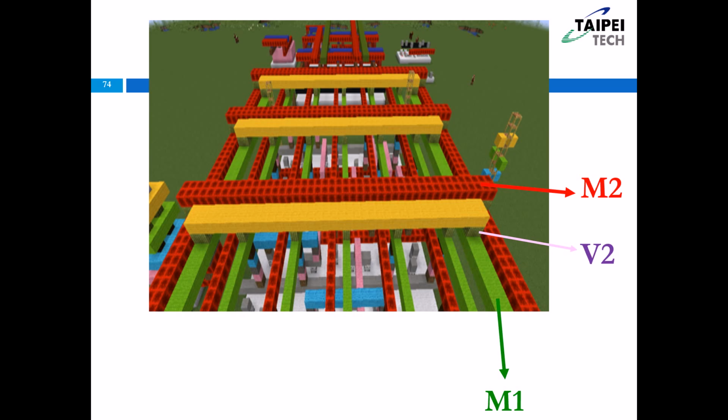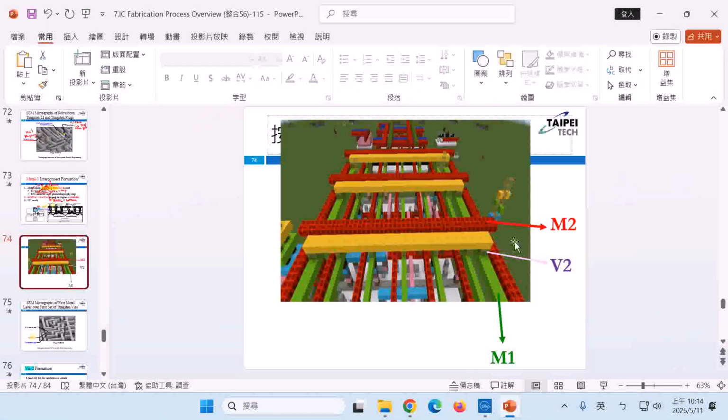Okay, so can you understand? We write down M1 and M2, and between M1 and M2, we need to use the VL2 to connect between metal 1 and metal 2. Also, maybe I need to change, or maybe I use this one. Metal 2 is here, okay?